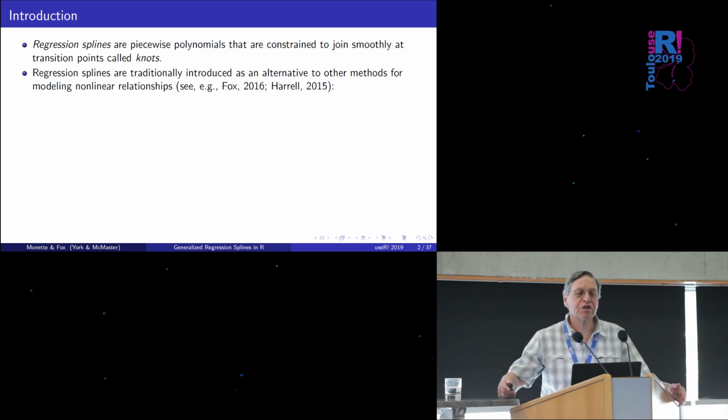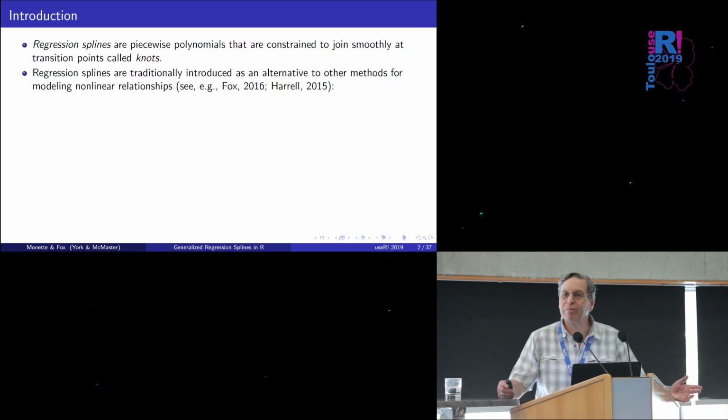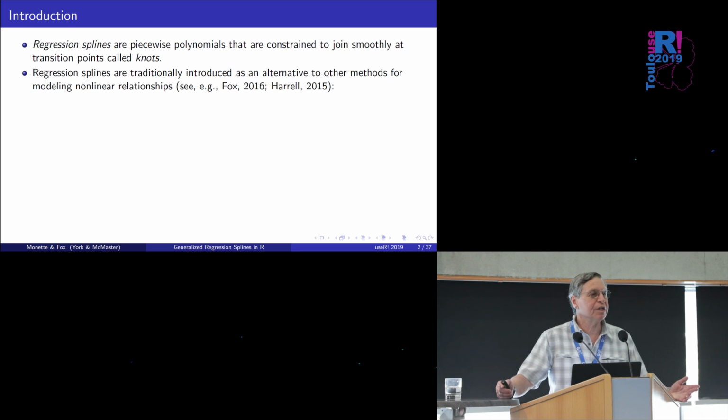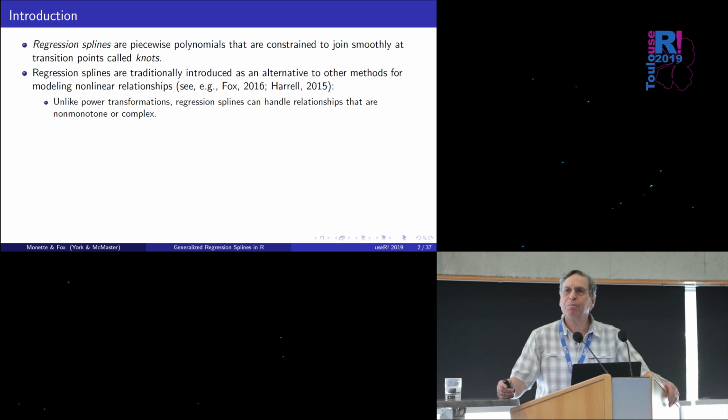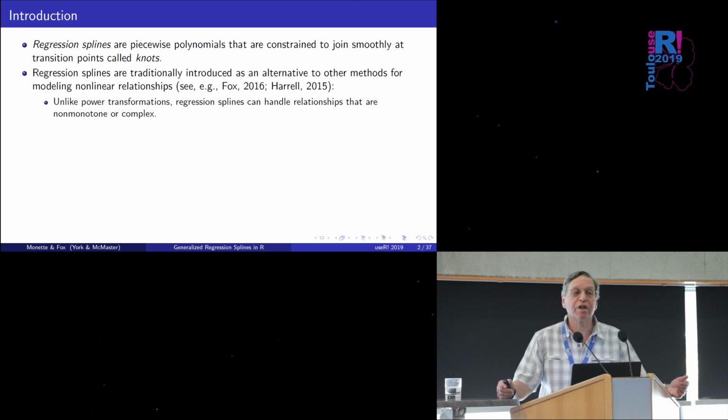And regression splines feature prominently in a number of texts on applied regression analysis. One of them is my text, and another, even more prominently, is Frank Harrell's very nice book on regression modeling strategies.